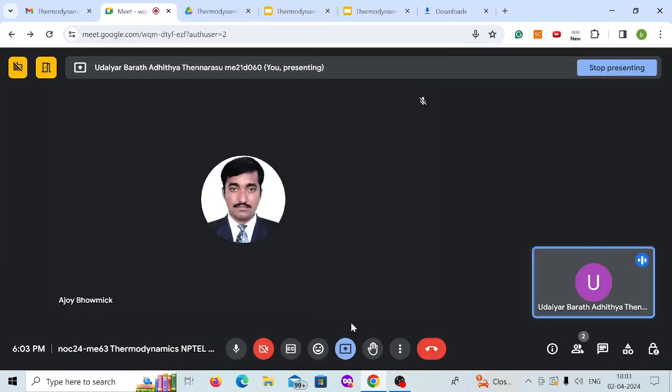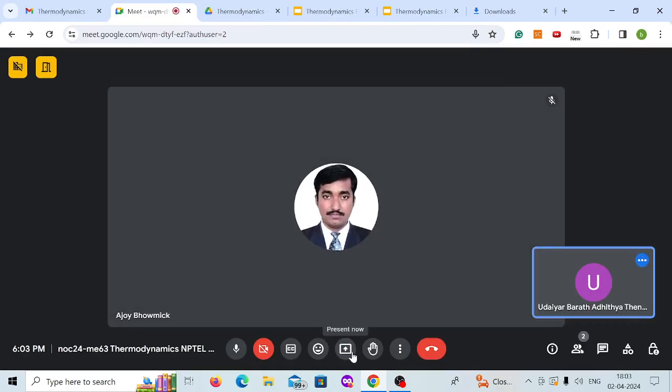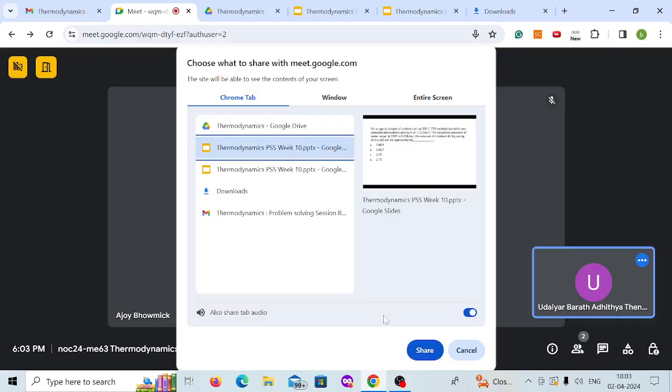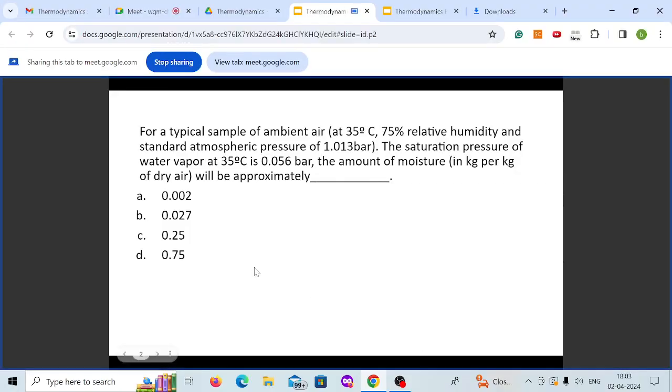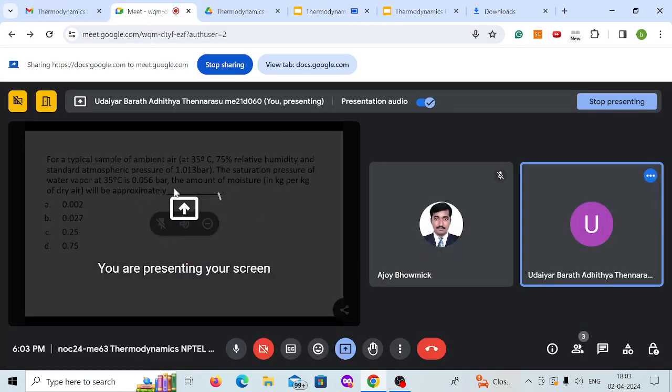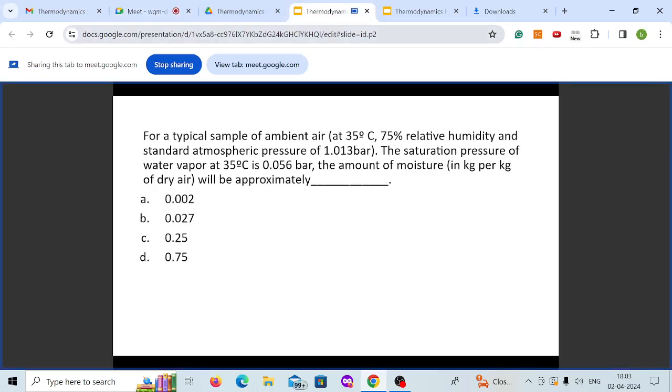Any doubts on that? Okay, so moving to this week, the first question is: for a typical sample of ambient air at 35 degrees Celsius and 75% relative humidity and standard atmospheric pressure of 1.013 bar, the saturation pressure of water vapor at 35 degrees Celsius is 0.056 bar.